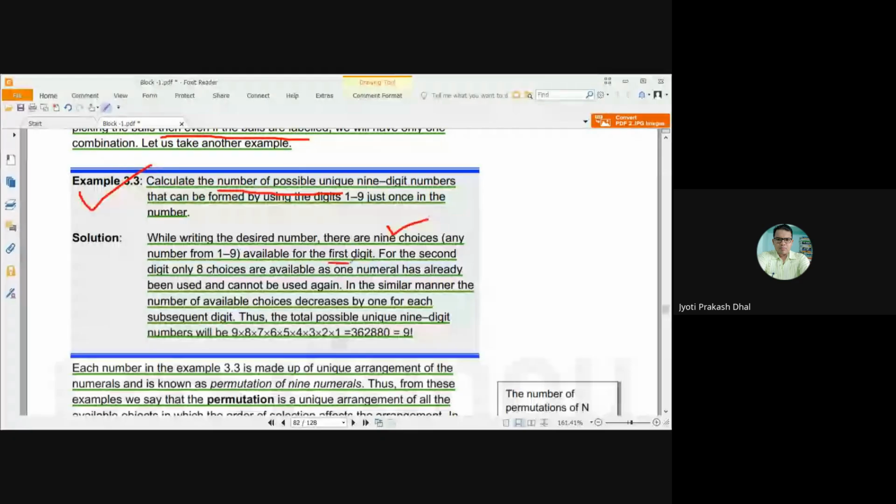For the first digit, we have nine choices.